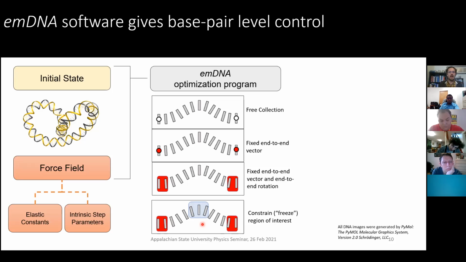We can create that model and say, during optimization, let's freeze that and optimize everything else. And we can look at the influence that that blue region has on the free DNA that's coming before and after it. So this is how we look at that influence of a protein interacting with DNA and how that bound DNA will influence the way free DNA is going to configure.